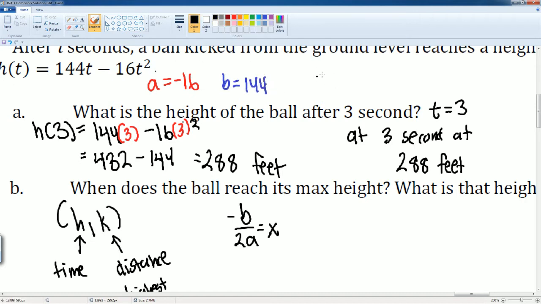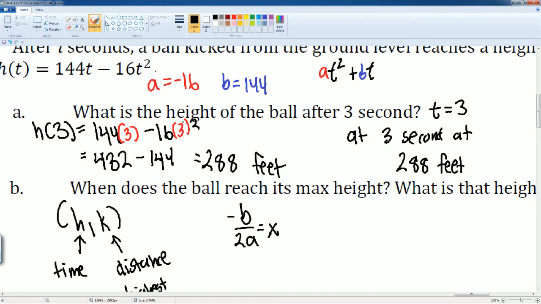Why? Because remember, this is in the format of a, which is in front of the x squared, or in this case the t squared, plus b t. Okay, that's how it looks.